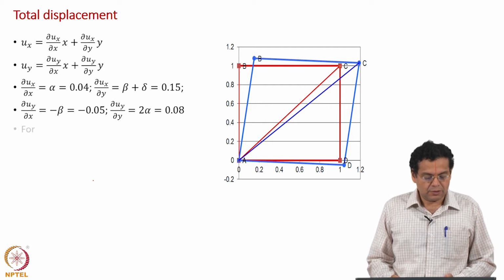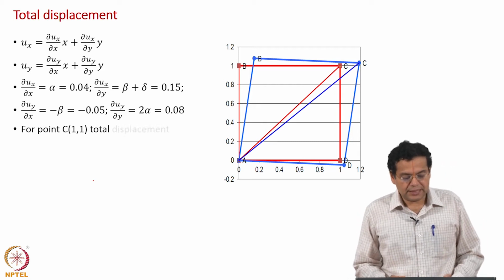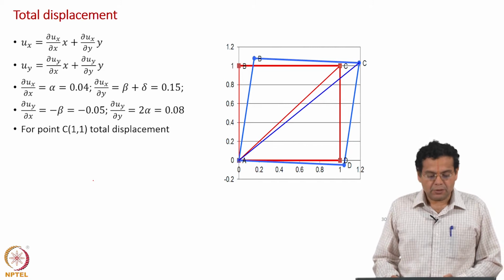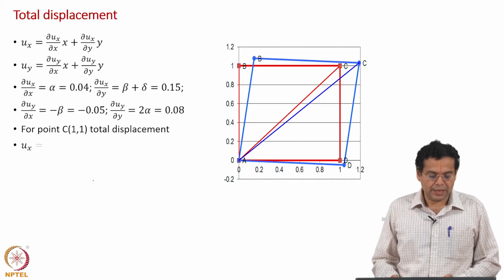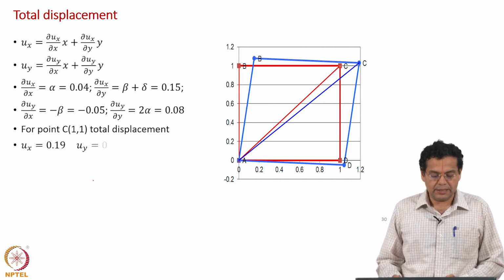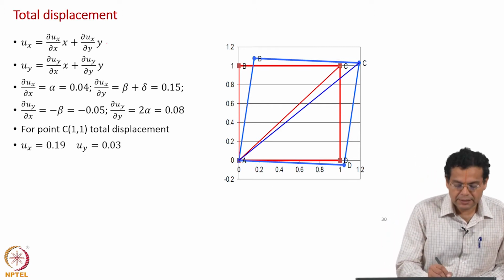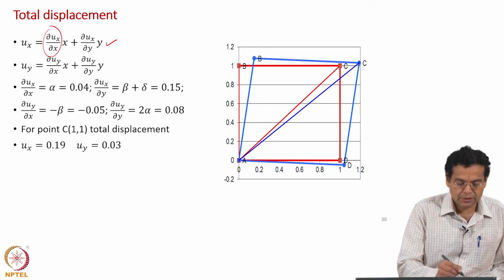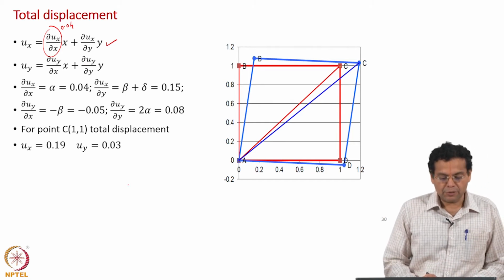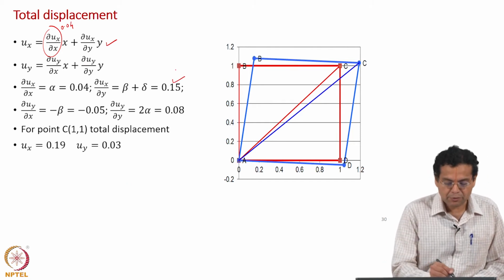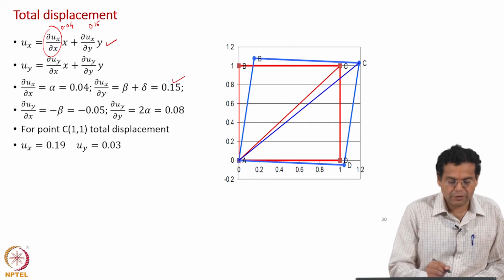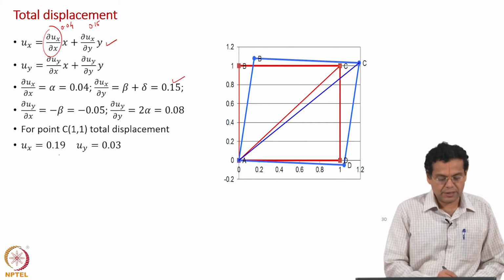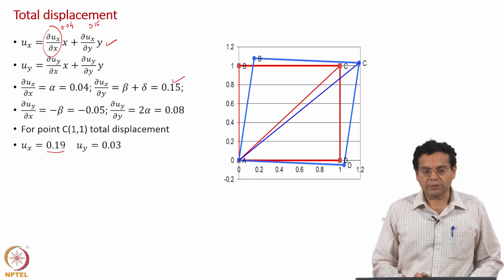Okay. So, now for point C, which is 1 comma 1, total displacement, okay, u x is equal to 0.19 and u y is 0.03. How do I calculate? Take this expression, okay. You know dou u x by dou x is 0.04, and dou u x by dou y is 0.15, okay, x is 1, y is 1, giving you u x as 0.19.